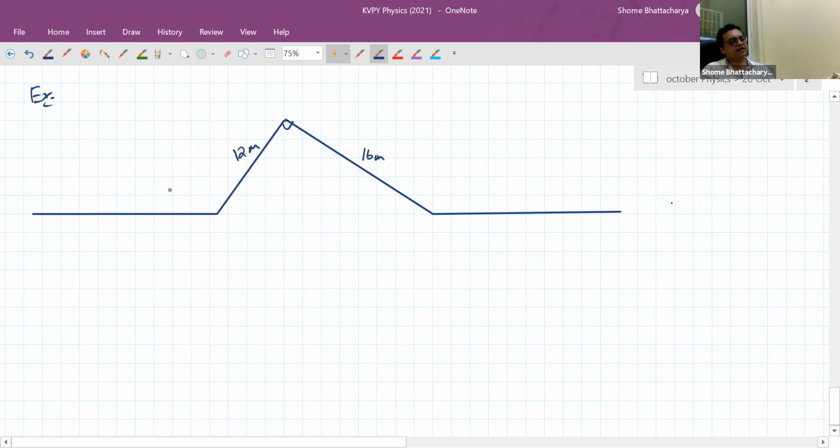This angle is 90 degrees and it's carrying a current like this. It's also given to us that there is a magnetic field present only in this region, between here and here. Only in this region there is a uniform magnetic field present which is going into the plane.